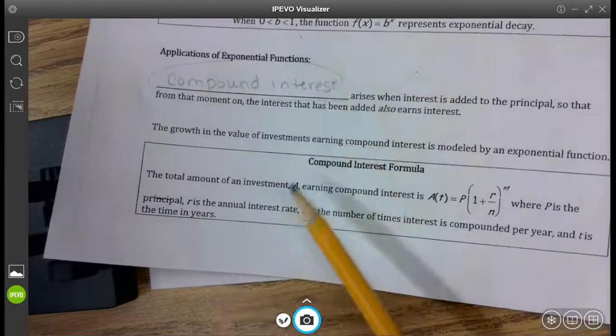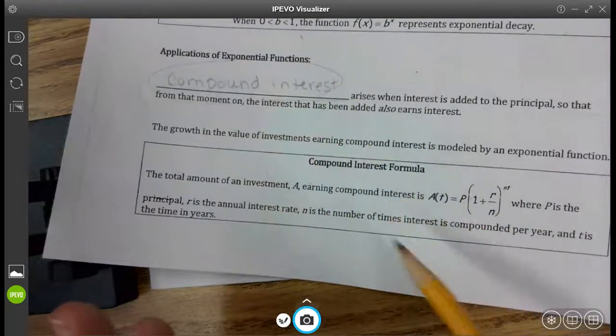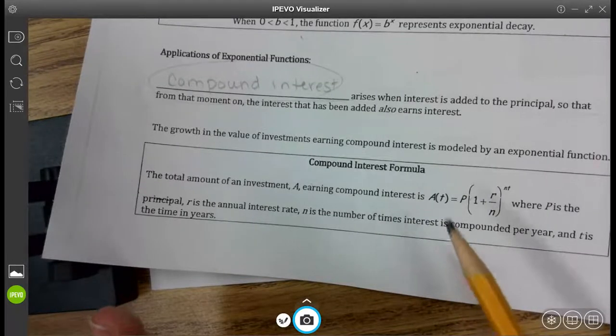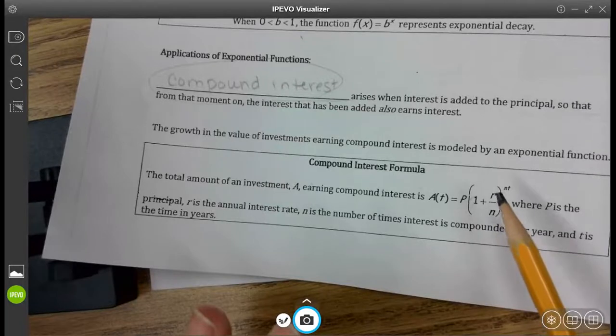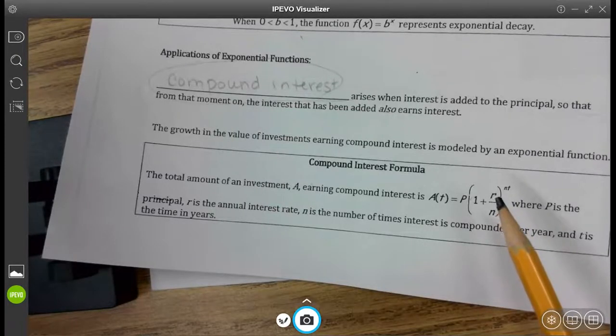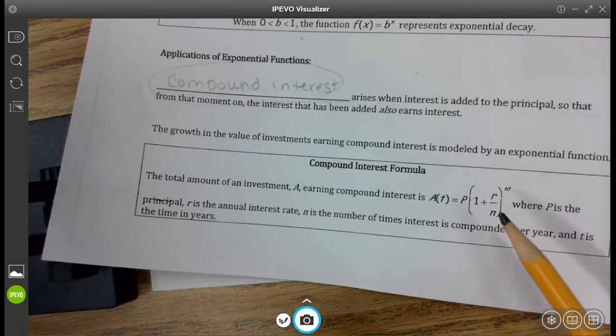The total amount of investment. So say you're investing money, that's a great way to get interest. It's your principal, one for your multiplier, whatever that rate is. Say it's like 80%. Then it's divided by how many times that 80% has been hit to your account. So N is the number of times the compound interest happens a year.